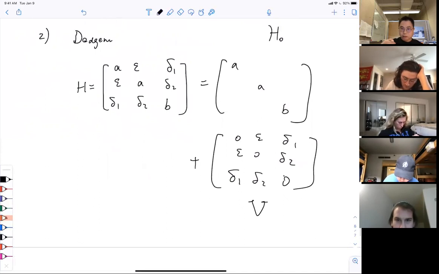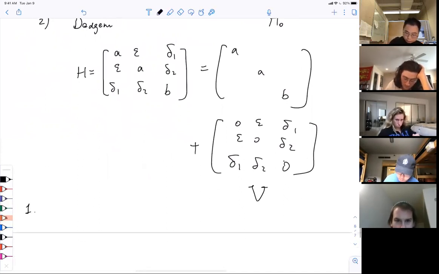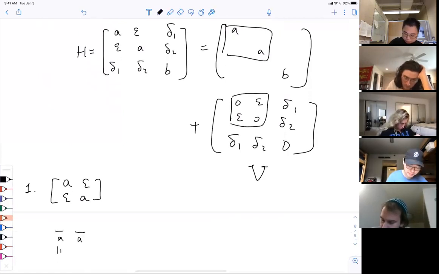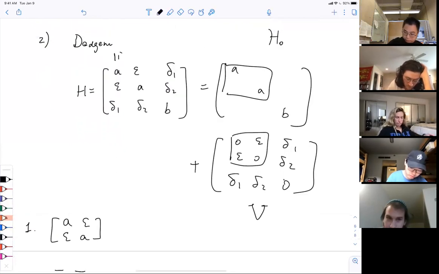The general procedure we usually do is, first, we need to diagonalize this small degenerate space, right? A, epsilon, epsilon, A. Originally for H0, there's a degeneracy A corresponding to the ket 1 and ket 2. Let's call this 1, 2, 3.